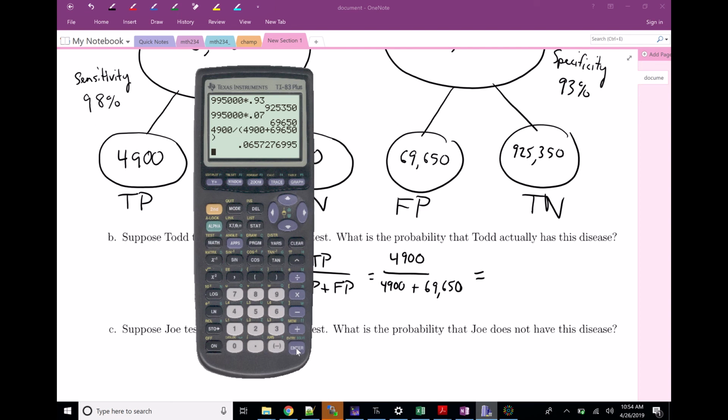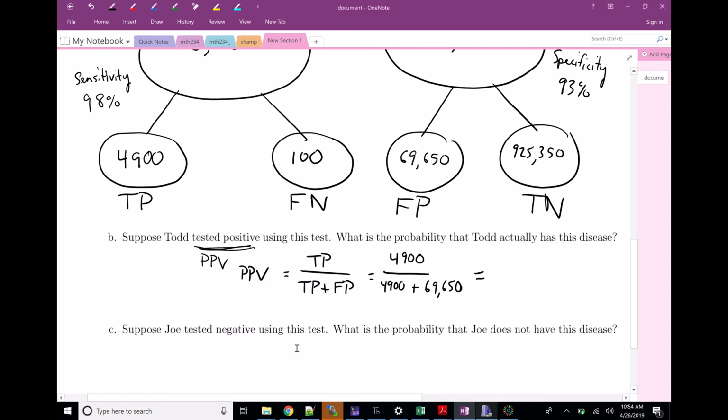All right, so I get 0.066, or that's the same thing as 6.6%. So the probability that Todd actually has the disease, even though he tested positive, right, is only 6.6%. And that's because, again, there are so many false positives in this.